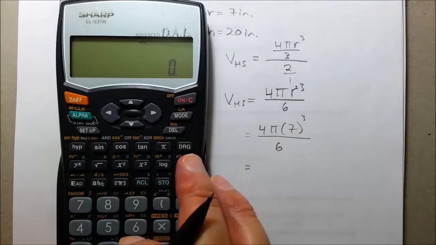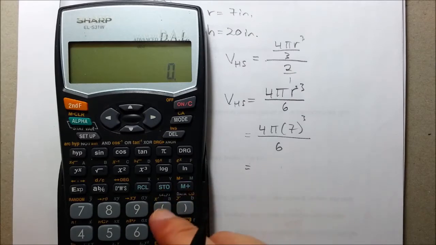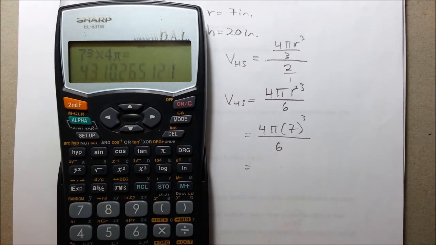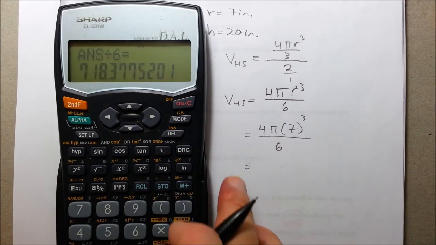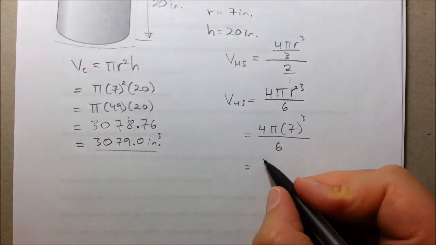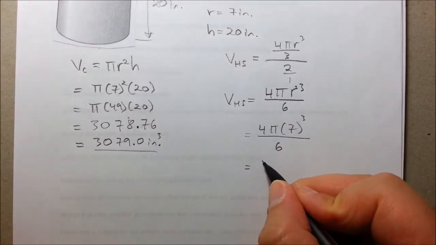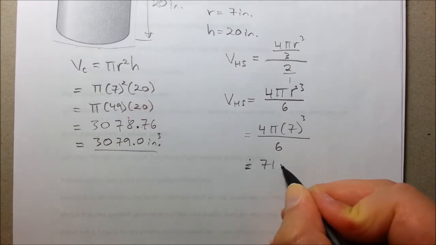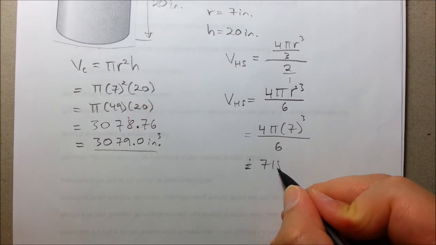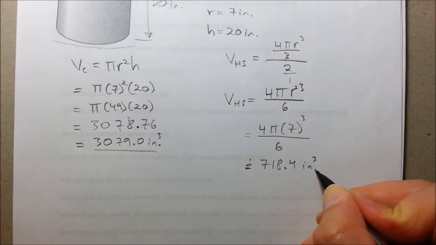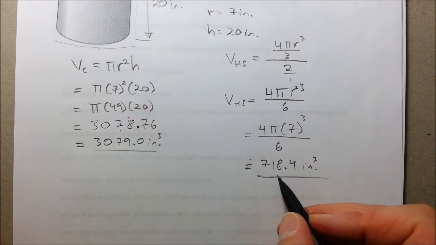You can also do it by steps, but at some point you probably get used to using your calculator for this purpose. 4 pi equals, divided by 6, equals. I'm getting 718.4 inches cubed. That's the volume of the half a sphere.